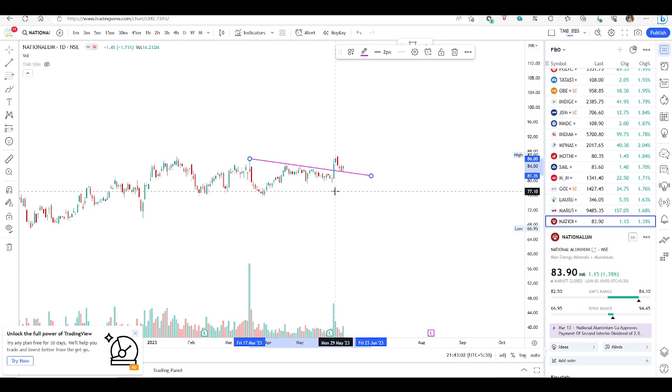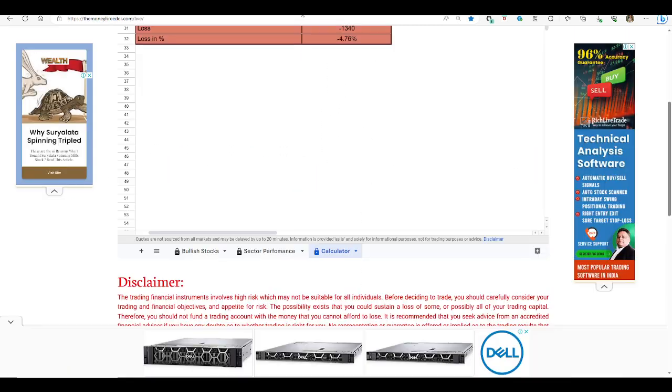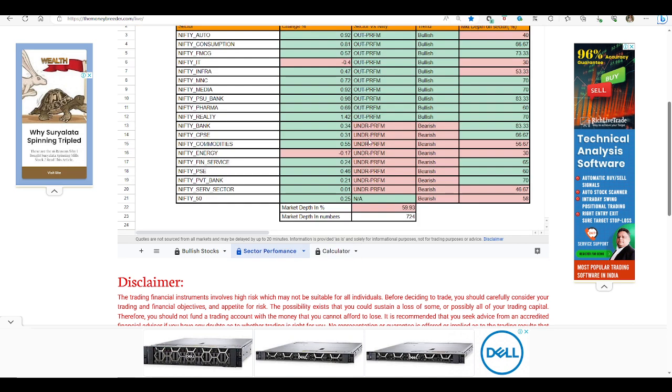I waited, but my stop loss is not hitting. As per our trading system, I was waiting in the metal sector. If we go to the infra, metal sector, here I think I have not put auto, consumption, infra, MNC, PSU, realty.